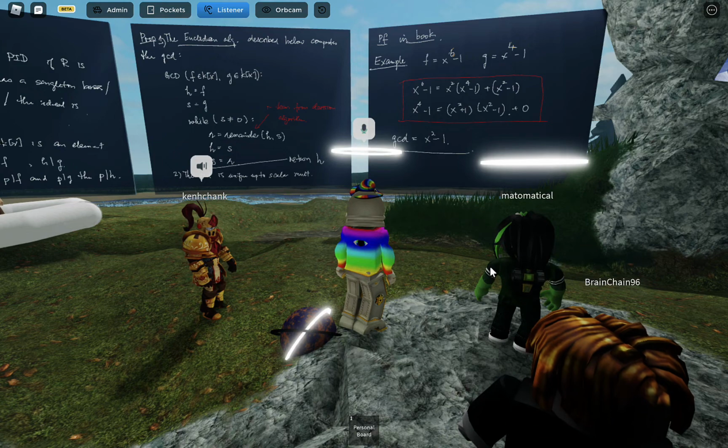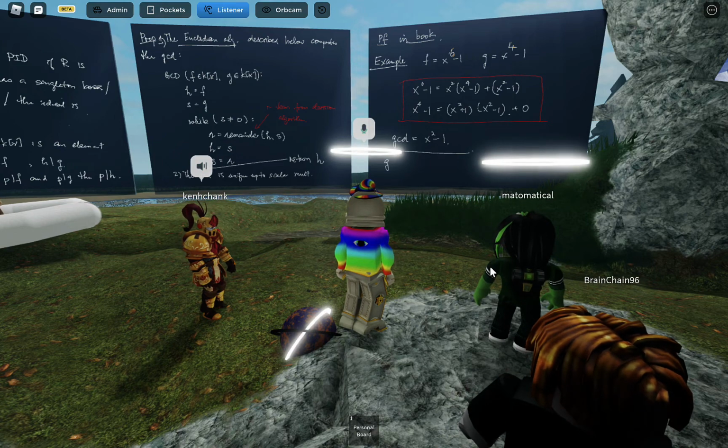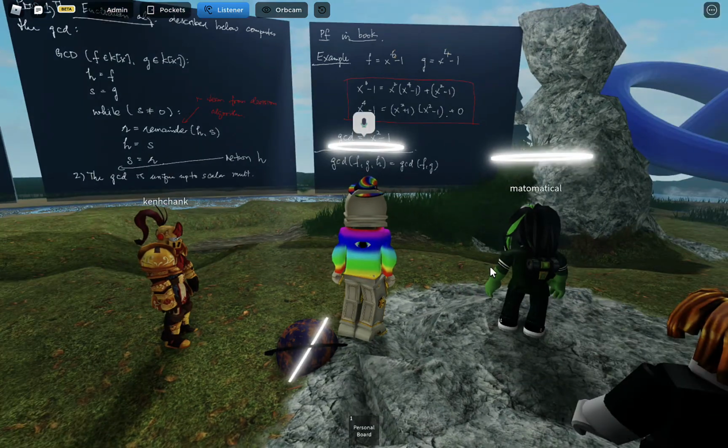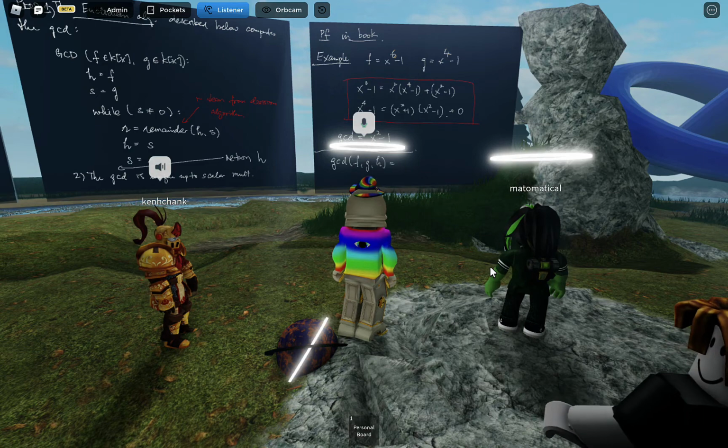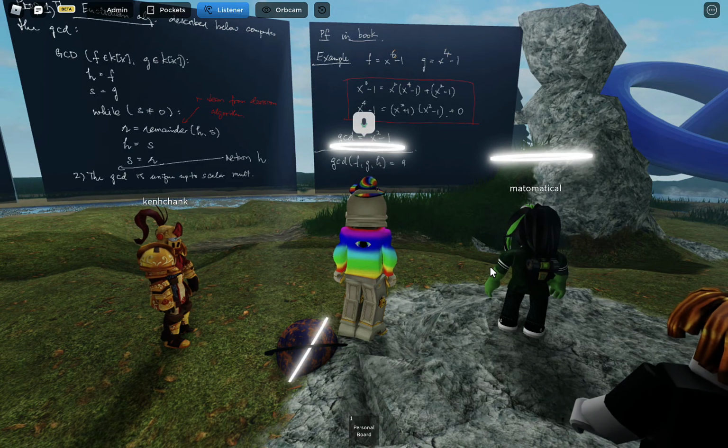So maybe what I'll write is that the GCD of f, g, h is equal to the GCD of f and g. You can just iteratively do it in pairs, right?